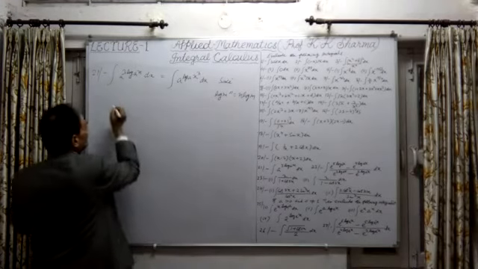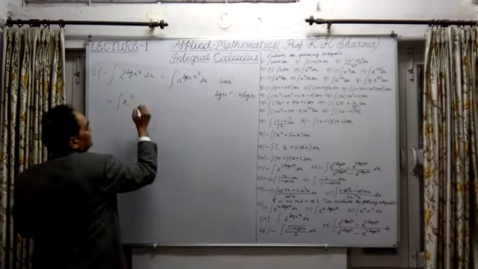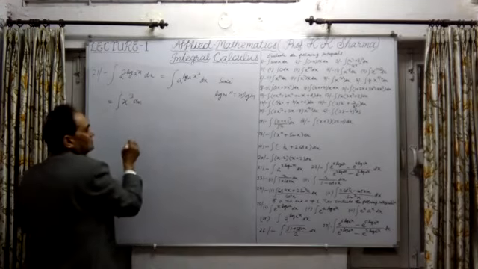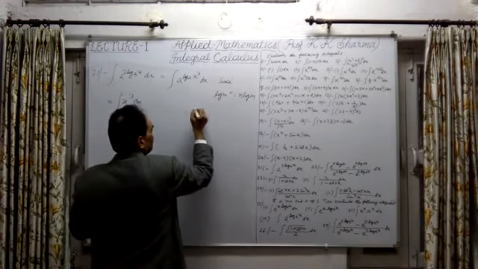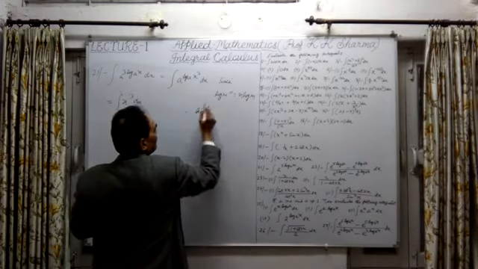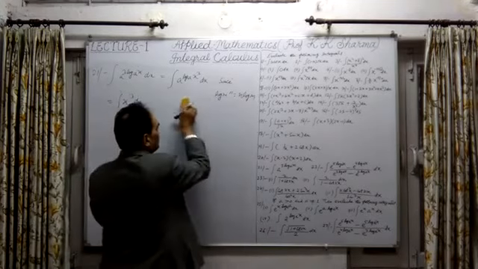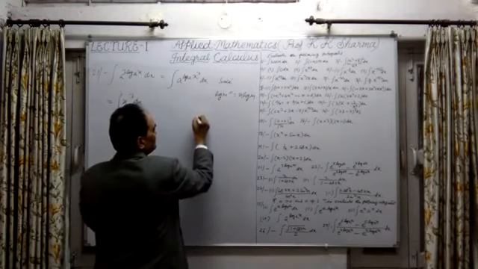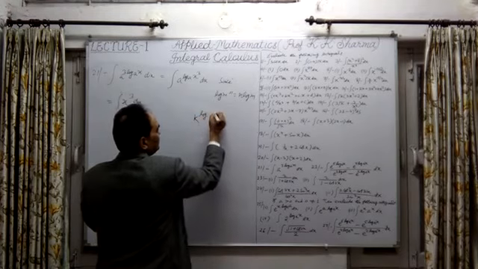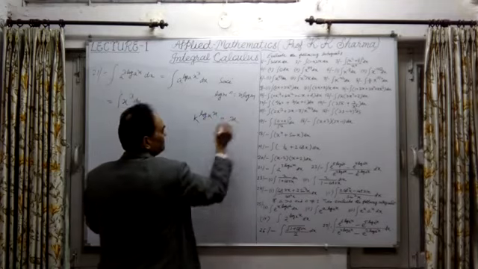Now this will be equal to the integration of x cube only. Why? Let me define it. Since there is a formula that a raised power log of x to the base a, or let me write something else, we know that k raised power log of x to the base k is equal to x only.